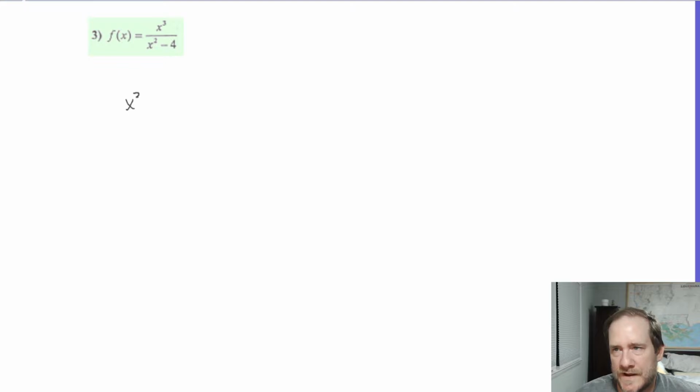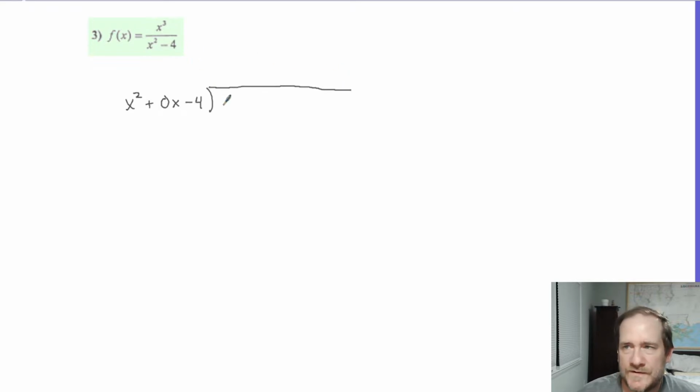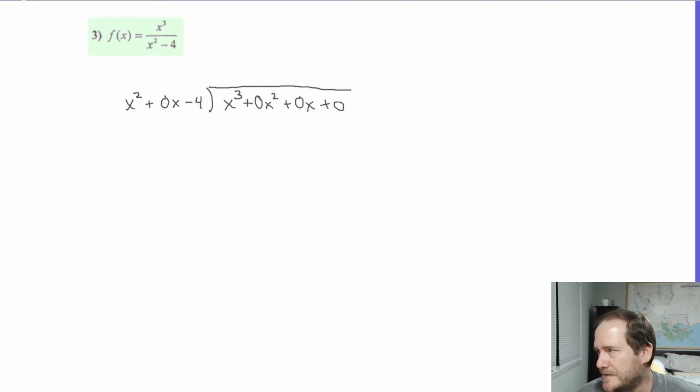And I would advise that if you're missing a term, we go straight from x squared to a constant, you should include a term as sort of a placeholder for the missing terms. Even for this x cubed, and this is going to turn out to be not super important, but for others it might be very important. So let's go 0x squared and 0x's plus 0. Just now I have everything, a little more well-defined and easy to see.